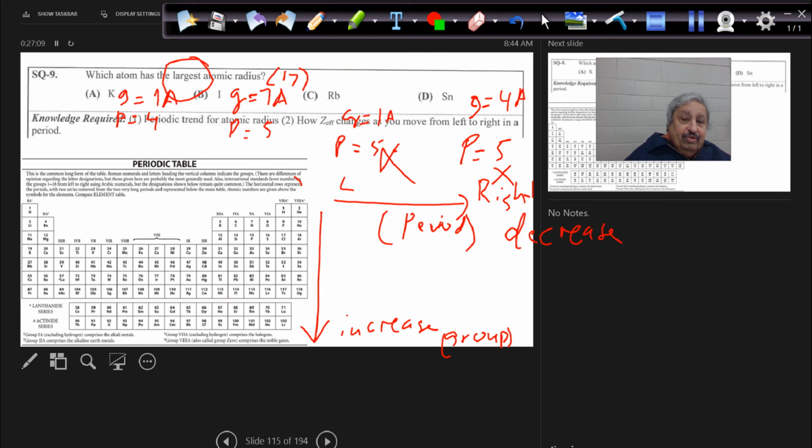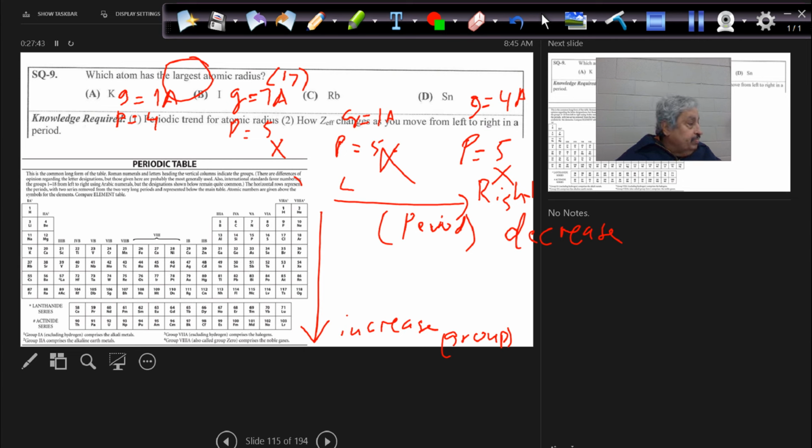Then you have group 4A, 7A, and 1A, correct? So, and here's 5, 2. Now, potassium is 4. However, within the group, you will see which one, potassium or iodine?